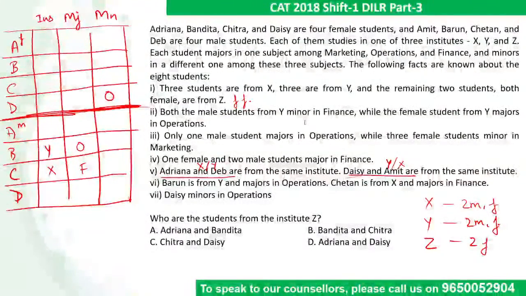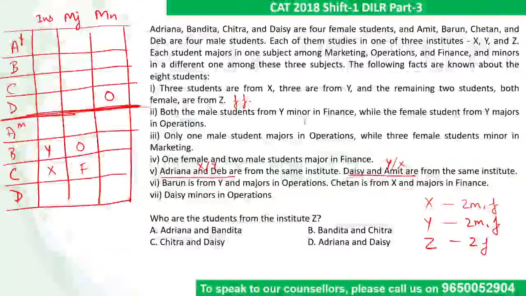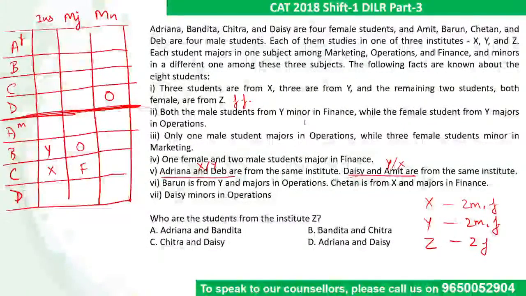So the other males from Y could be, so from this we can get the others.